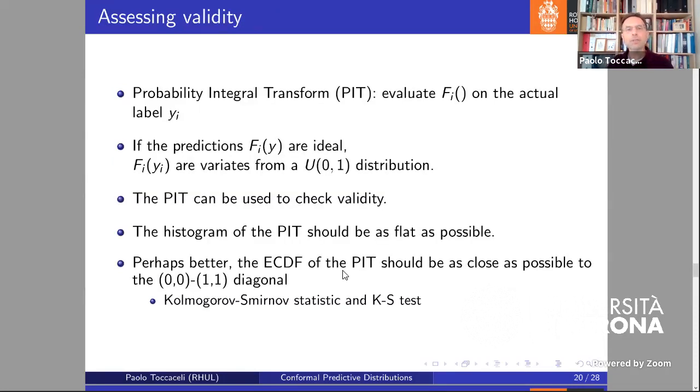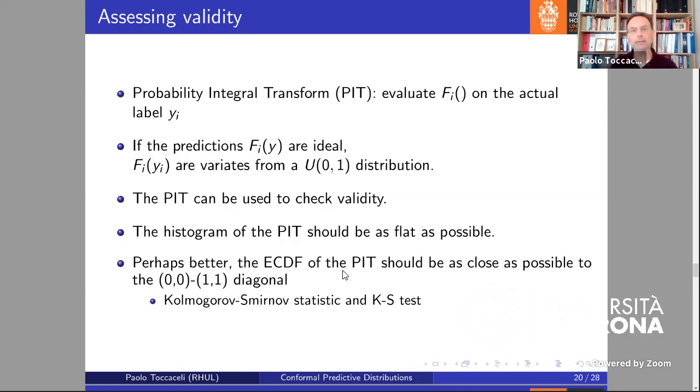So the first metric that I'm going to talk about is for the purpose of assessing validity. And this is called PIT, or probability integral transform, and has to do with the property that I mentioned before.